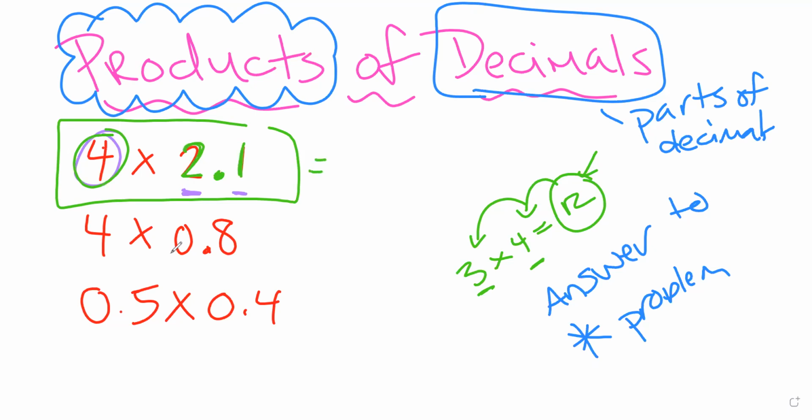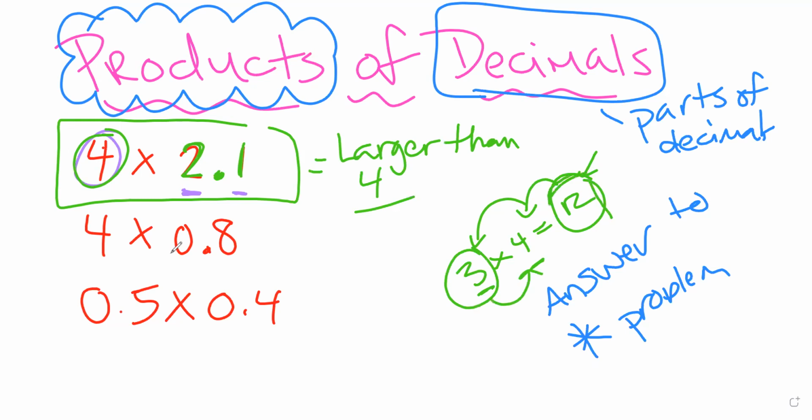Well, actually, our product is going to be larger than 4. That makes sense, right? Just like here, 3 times 4, well, 12 is going to be larger than the 3 we started with. And that makes sense because 4 wholes times 2 wholes is 1 whole, and then there's the extra 1/10, which we can talk about. But that's not really the point right now. The point is understanding the system.